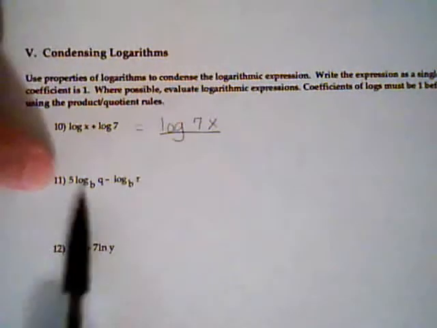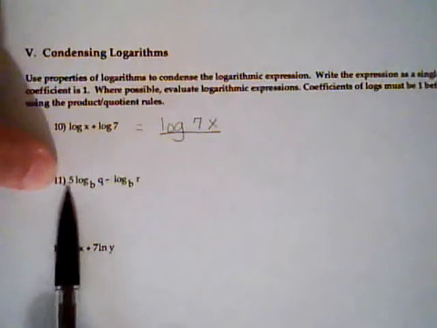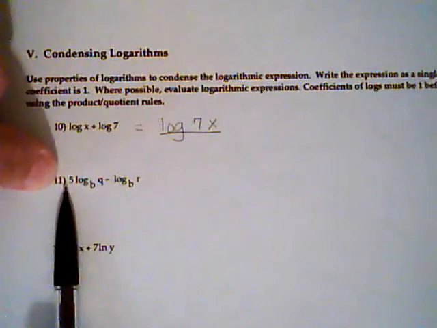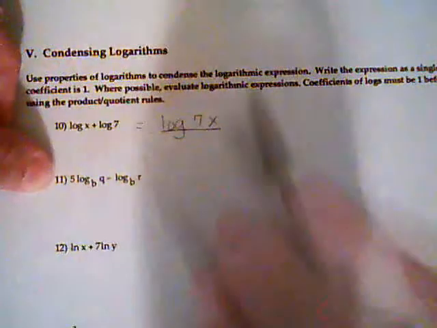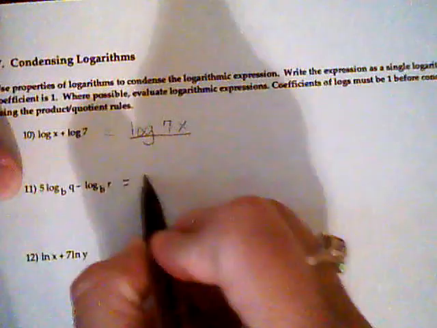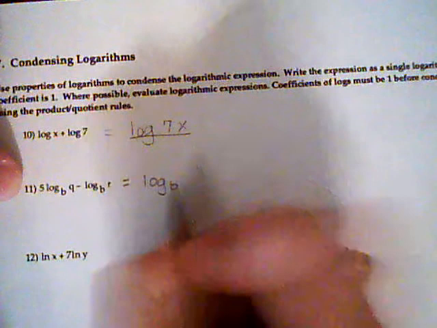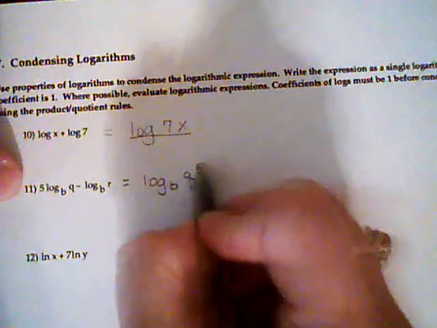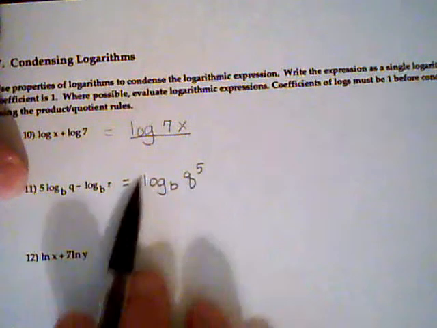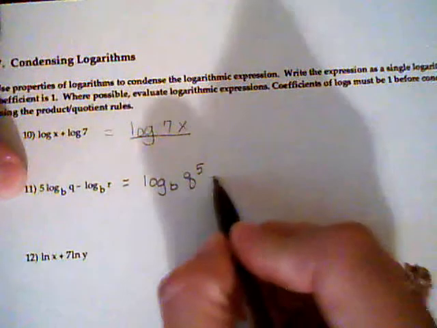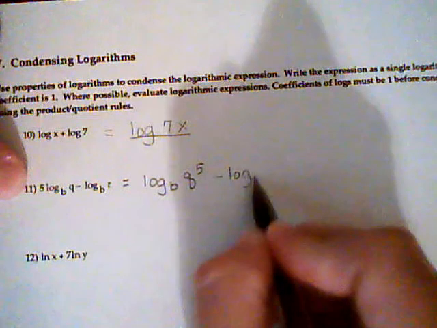Okay, then if I look at number 11, I have a coefficient here of the first term, 5 times the log base b of q. So first I would want to rewrite that as log base b of q to the 5th power. So we're going to use the opposite of our power rule to get my coefficient of 1 here, minus log base b of r.